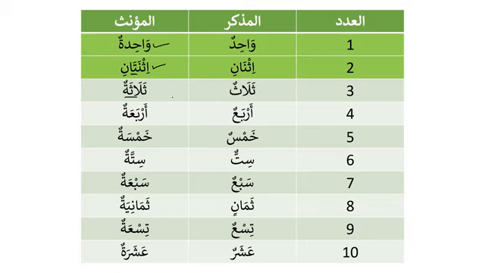We have seen that if you want to say 3 men, we say thalathatu rijalin. And inshallah, today we will see how to say 3 women, or anything feminine from 3 to 10. So we will see that today, inshallah, we will use the numbers for masculine starting from 3 to 10.